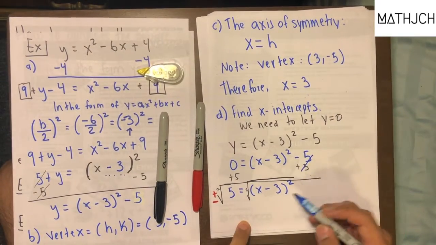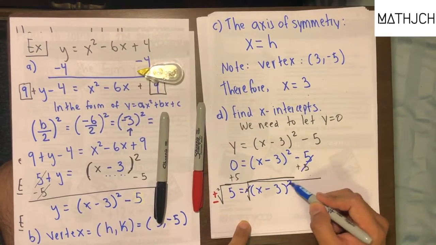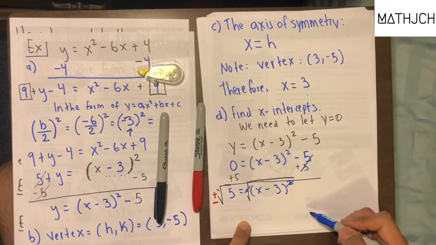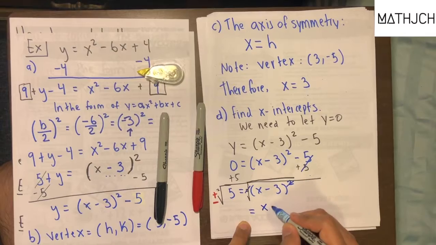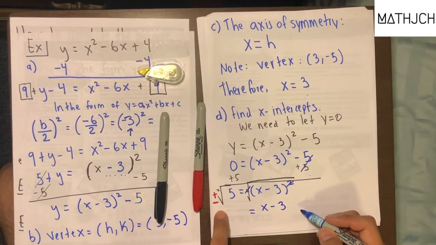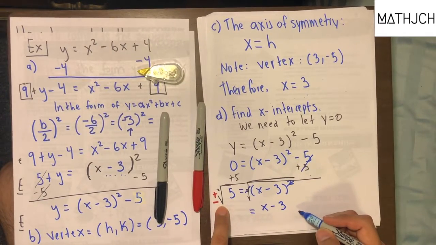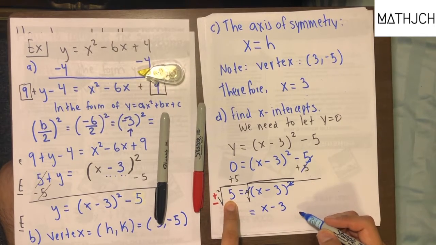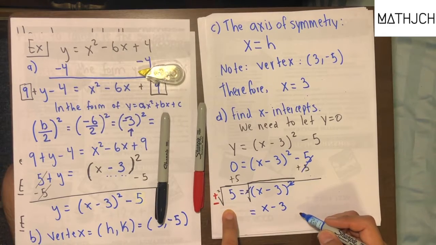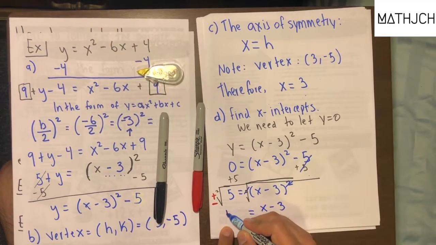Having said that, the square root with the power 2 or exponent 2 is gone. So in the right side, we are left with x minus 3, and in the left side, we are left with positive or minus square root of 5. Let's leave the square root of 5 as it is, okay, for now.